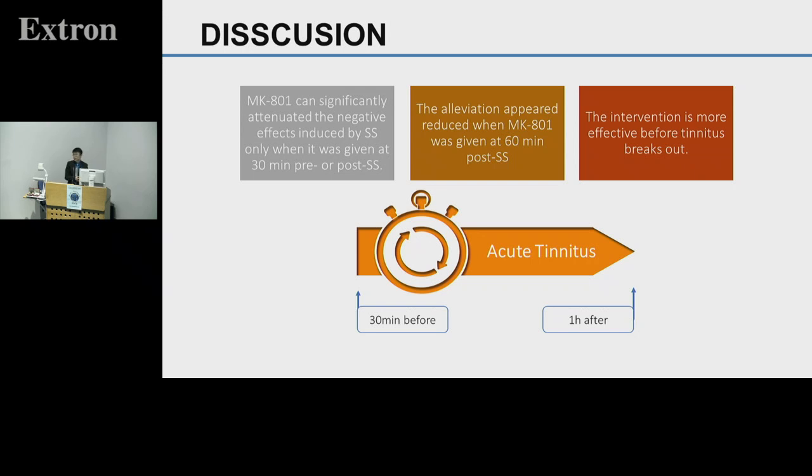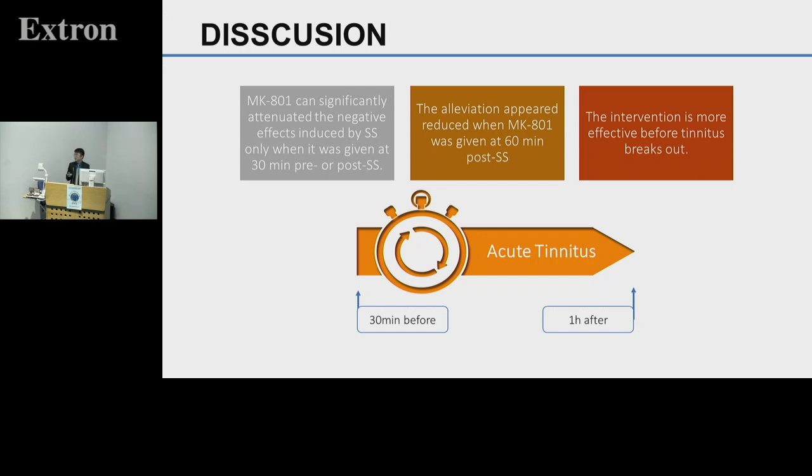So back to the question I mentioned before, if we meet a patient with acute onset of tinnitus, it's better that we give them some treatment early. For example, if we predict that a worker doing some explosion work will experience very large noise, and there is a prediction that he will experience some hearing damage and tinnitus, we can give him some treatment before that.